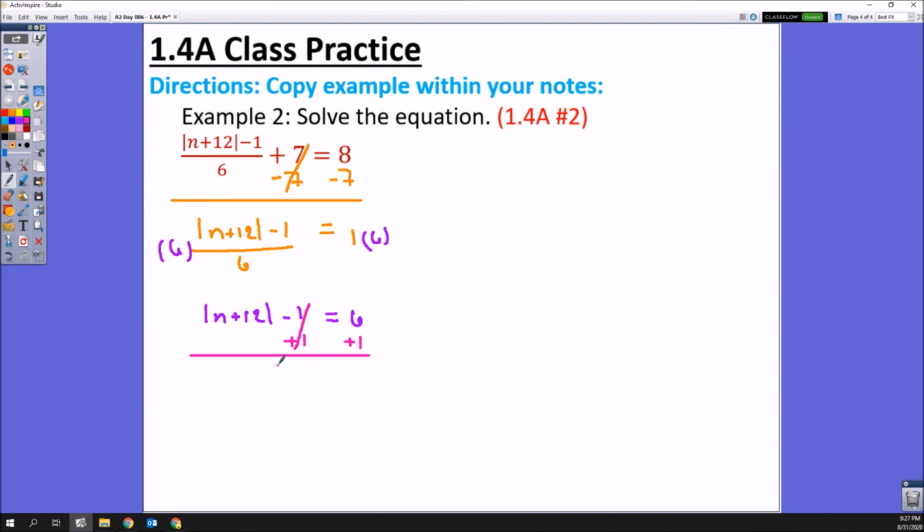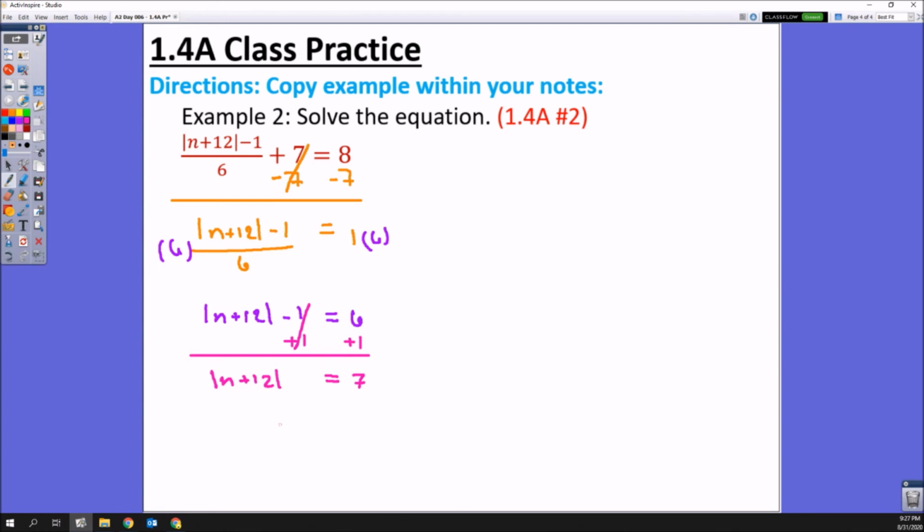So when the 1s cancel out, I'm going to have the absolute value n plus 12 and then equal 6 plus 1 is 7. So now if you take a closer look, I have the absolute value by itself. I don't have any numbers in front. I don't have any numbers between the absolute value and the equal sign, and I don't have any numbers below, so I can continue solving them.